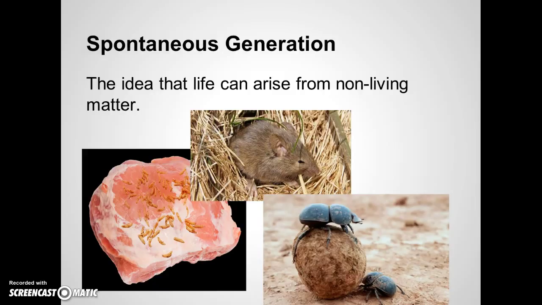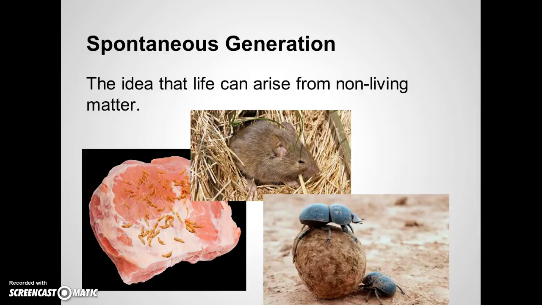All right, I'm going to start out with an evolution of how science has come, you know, the evolution of science. Where did we start? Prior to the mid-1600s, people obviously didn't know the things that we know today, and they looked at the world around them and saw living things just show up.